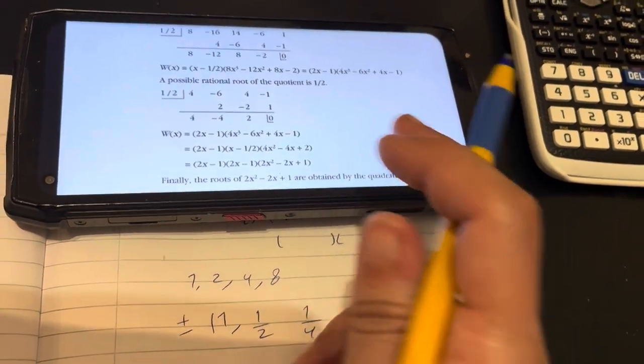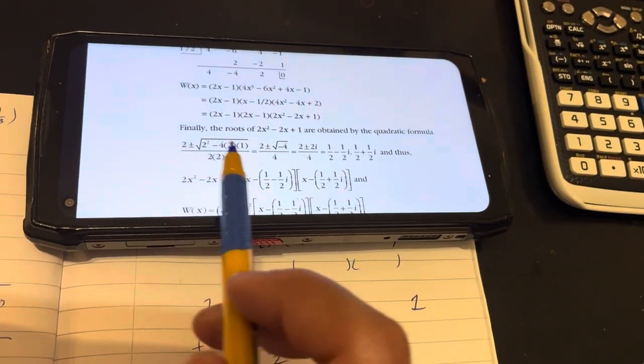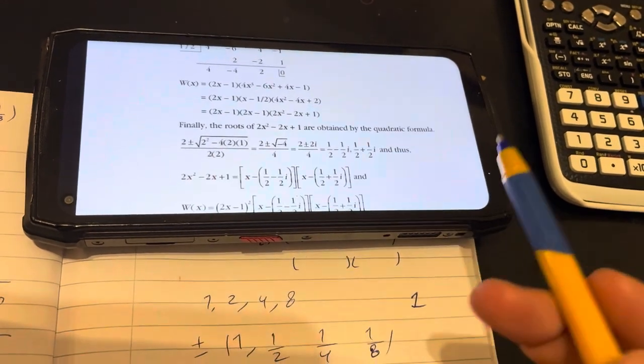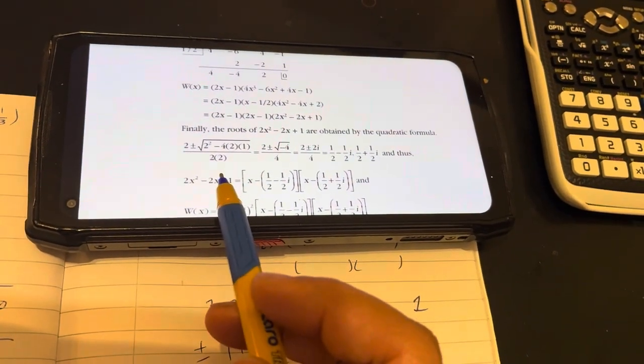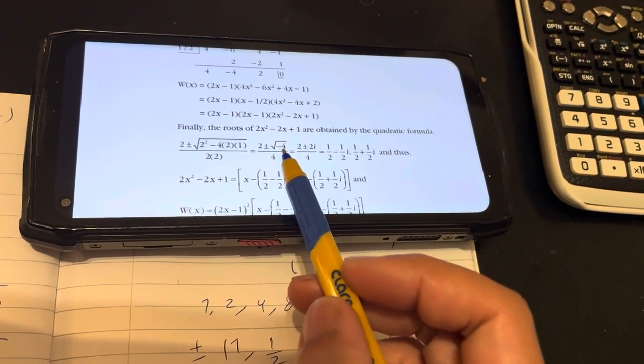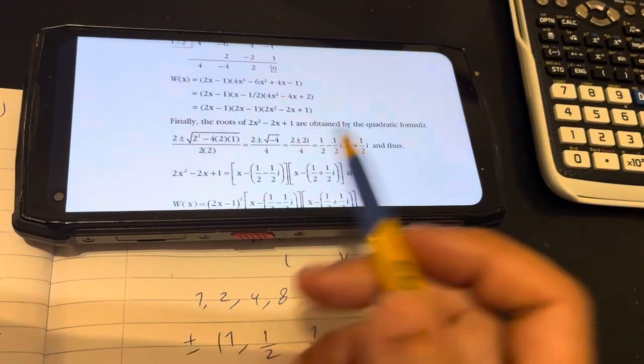Here you can get the roots easily because you know the quadratic formula: minus b plus or minus radical b squared minus 4ac, over 2a. So using this equation you can get the solution. Of course, the solution here is complex because you have radical minus 4.